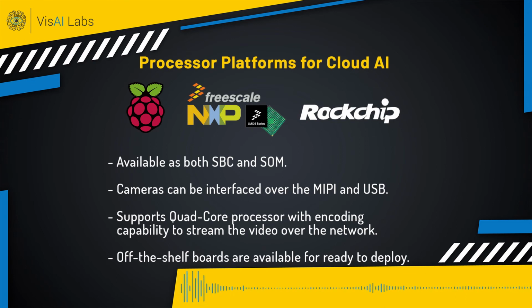So you may not be able to run a full-fledged edge AI algorithm here. You can use these platforms for grabbing the images, encoding them, and sending them across a network for cloud AI. You can do the basic stuff, but the majority of the things should be done on the cloud AI.